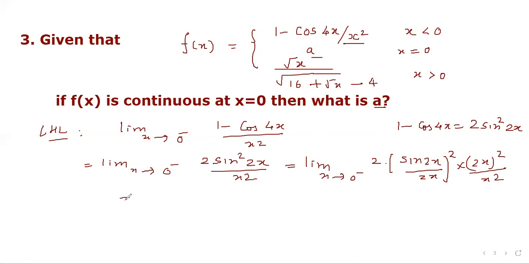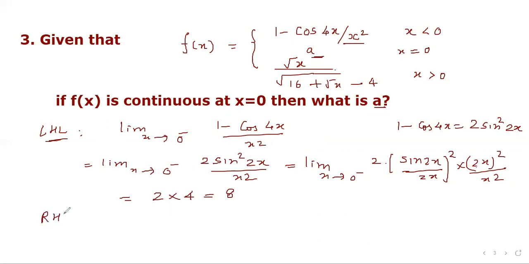So we simplify it. This will become 1 and this will become 4x square divided by x square. x square will cancel out, 4 and 2, so 2 into 4, that is 8. So we have got LHL. Now the value of a must be LHL, which must also be equal to RHL. So we have got the value of a as 8, but let's check it by RHL also.